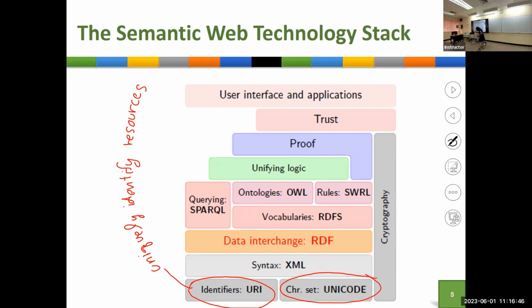After we have this layer, the very bottom layer, on top, the very first standard syntax for the semantic web was XML, but it has been evolving and many more possible syntaxes have been introduced.